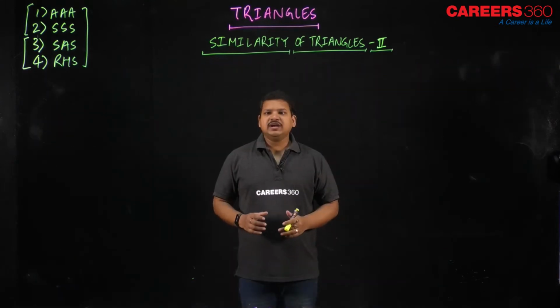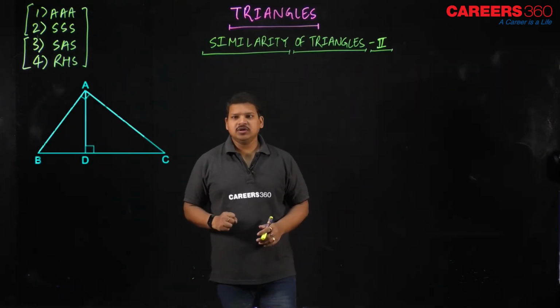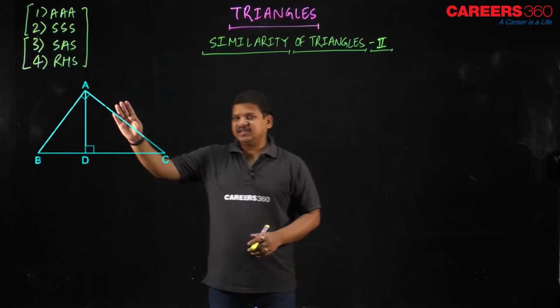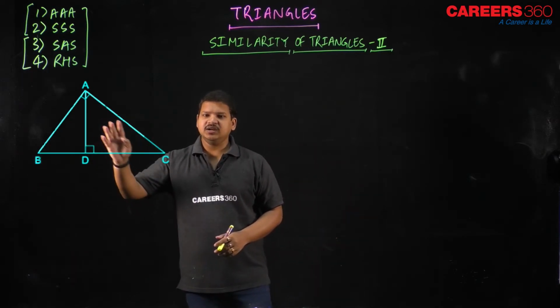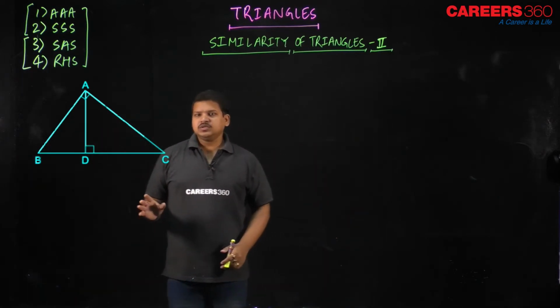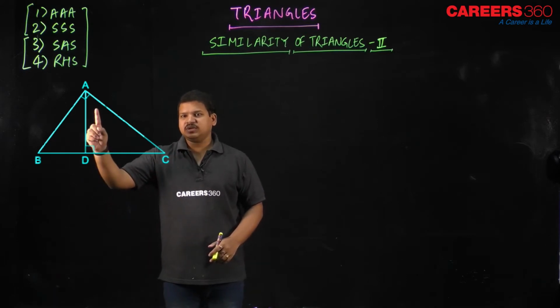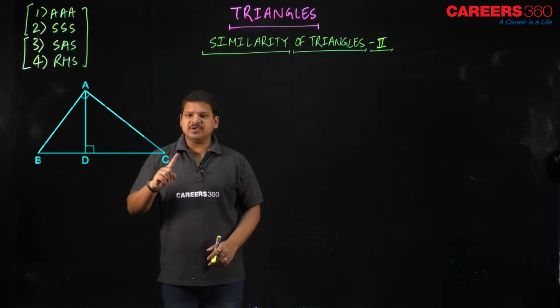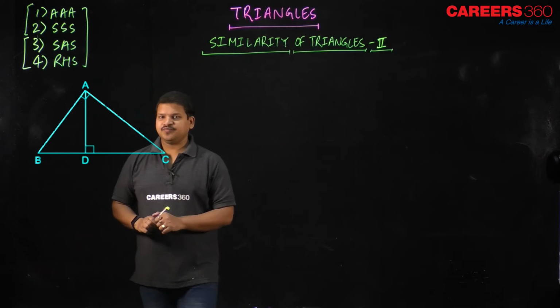Let us have a look at our next criterion for similarity, that is the right angle triangle. As you can see, ABC is a right angle triangle.